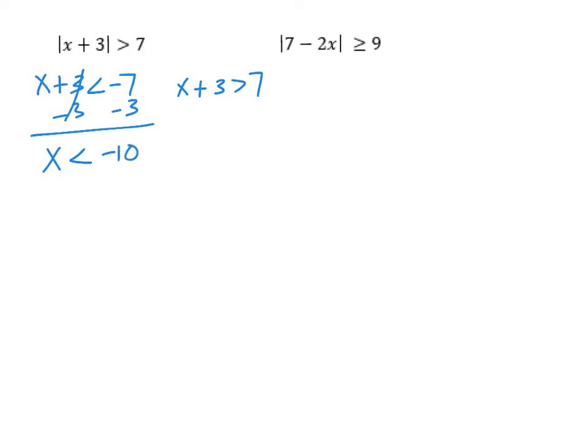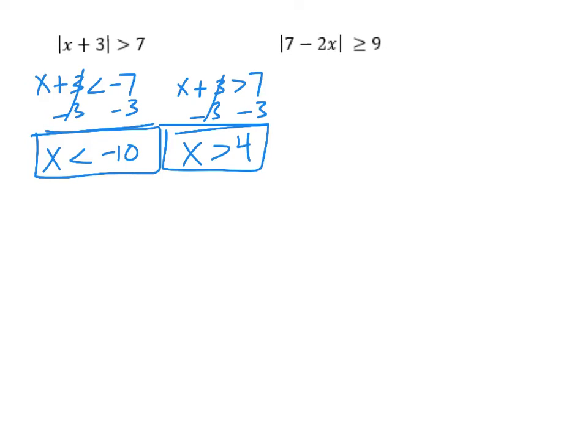There we get x less than negative 10, subtract 3 over here. X greater than 4. Okay, so we could say those are solutions.